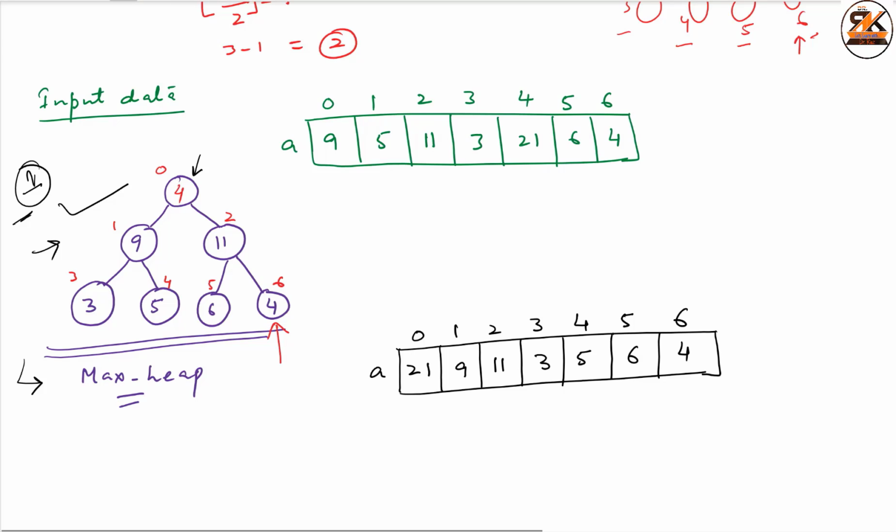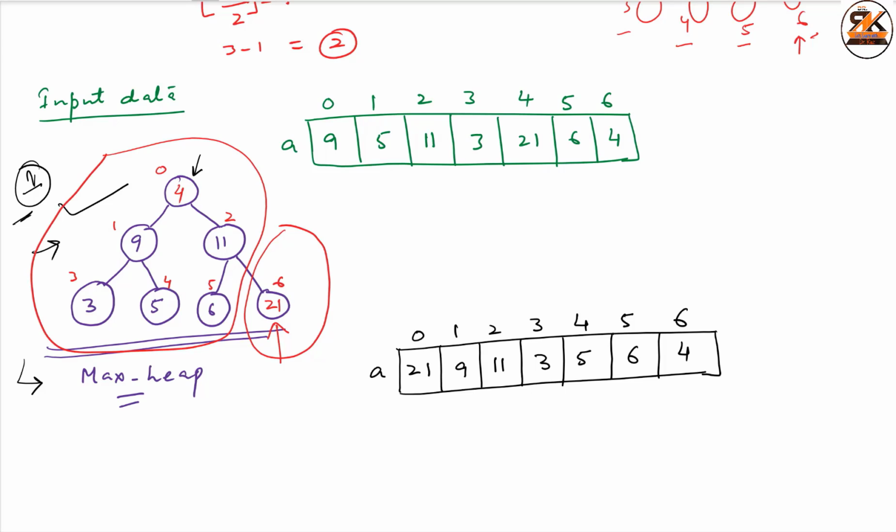Okay, and 21 should go to this place. Fine. And after that we heapify the heap again without considering this one element. So the rest of this tree will be heapified again. Heapified means we rearrange the elements and we put the largest element at the root position.